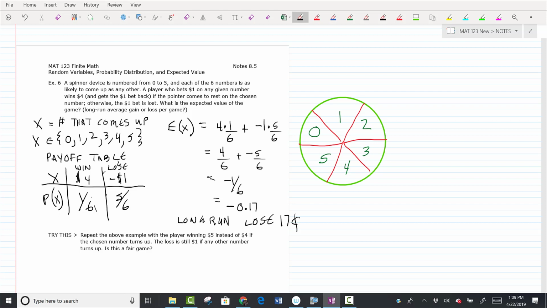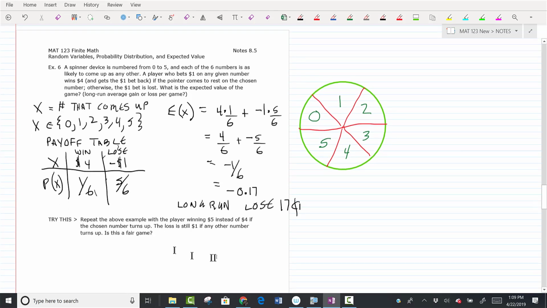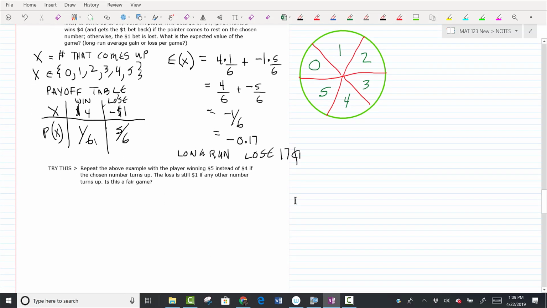Now, I'm going to do this same problem again, but I'm going to change the numbers around a little bit. We're going to repeat this problem, but say you win 5 instead of 4, but you still lose 1. So let's do another payoff table on this problem, then I'll let you do the expected value.